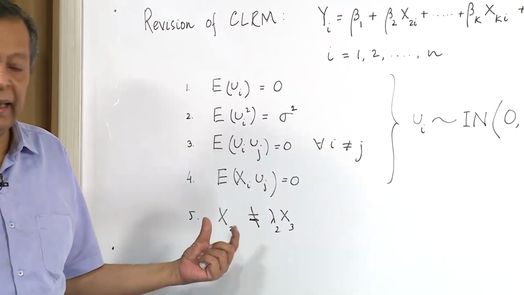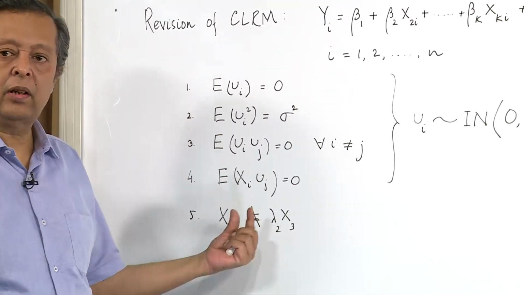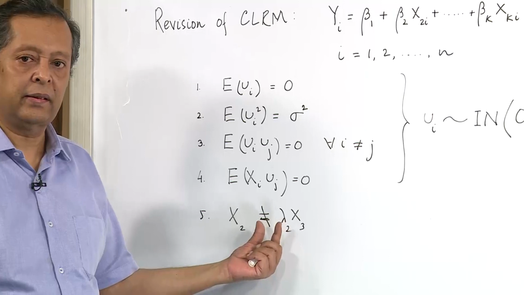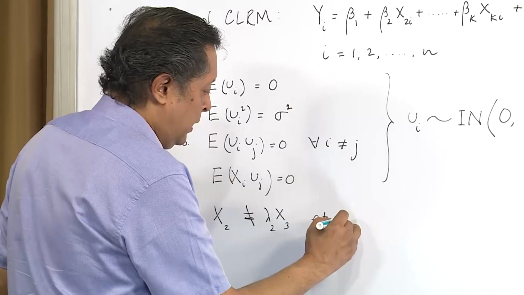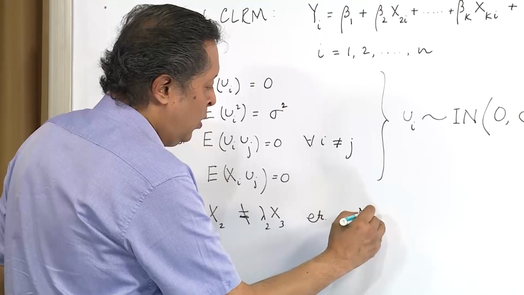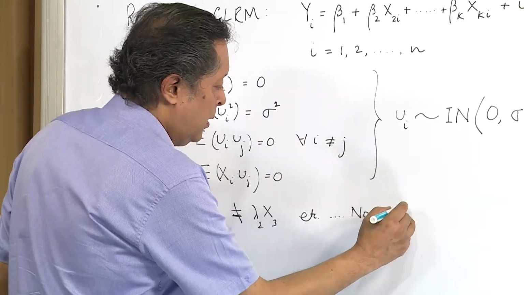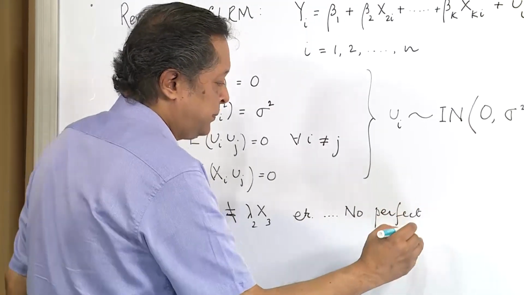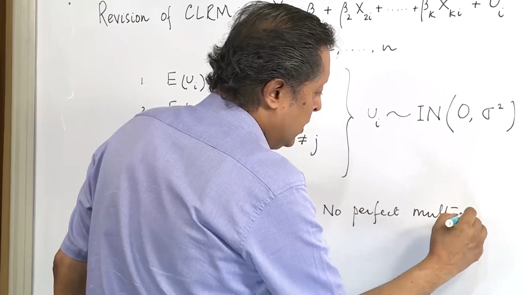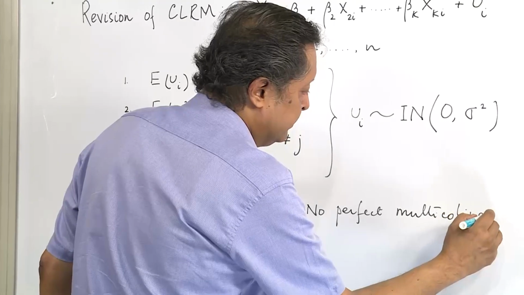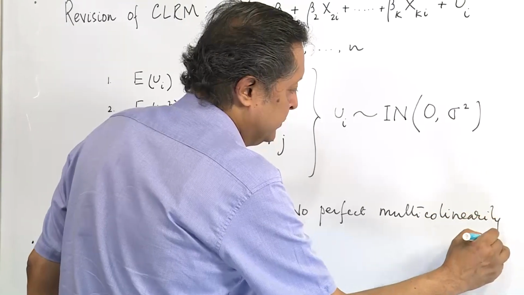We cannot have any x as a linear transformation of any other x. So, this is called no perfect multicollinearity.